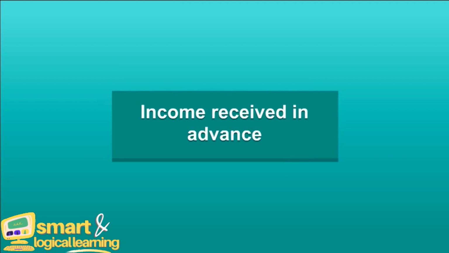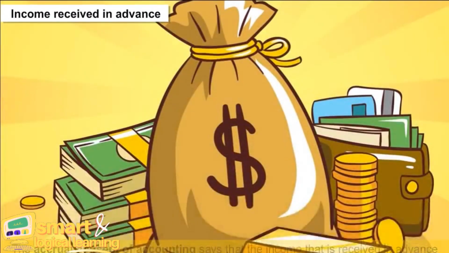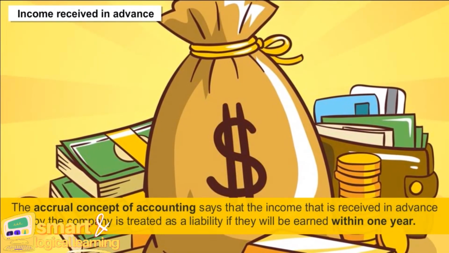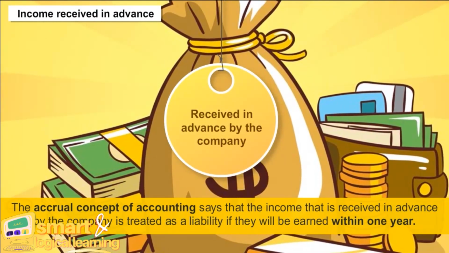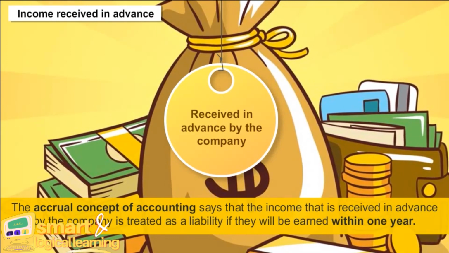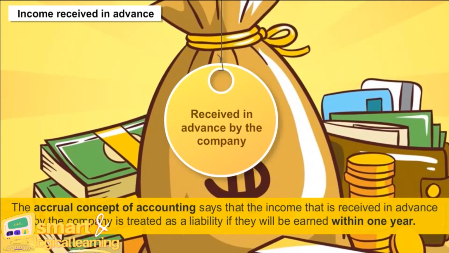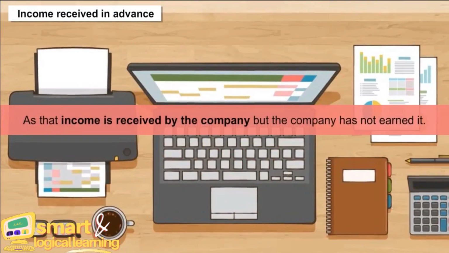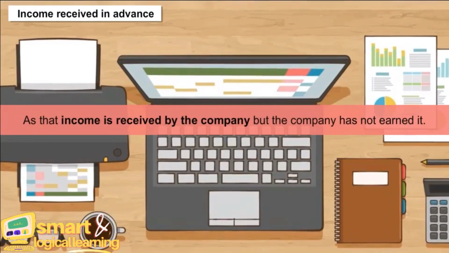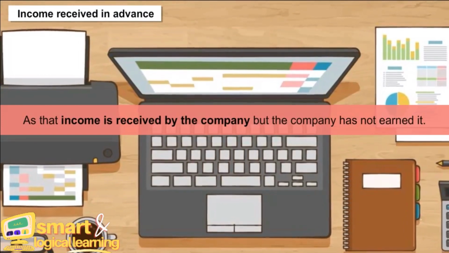Income received in advance. The accrual concept of accounting says that income received in advance by the company is treated as a liability if it will be earned within 1 year. The income is received by the company, but the company has not earned it.